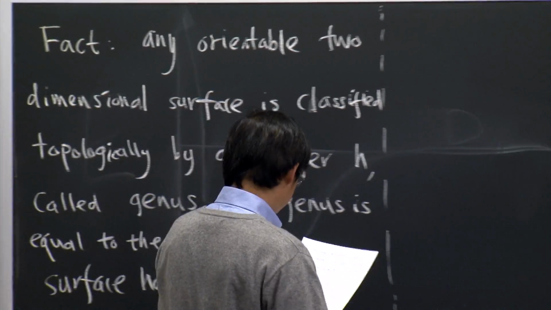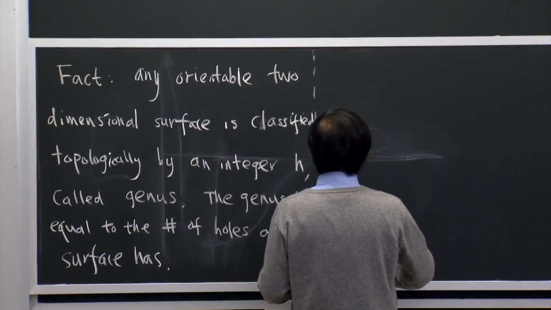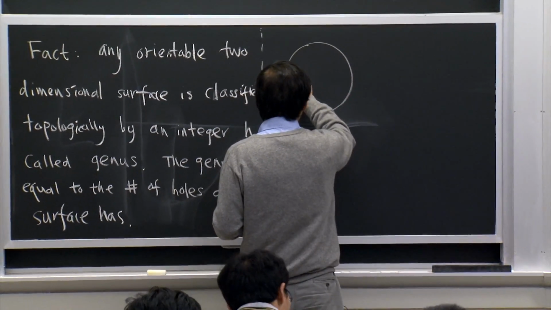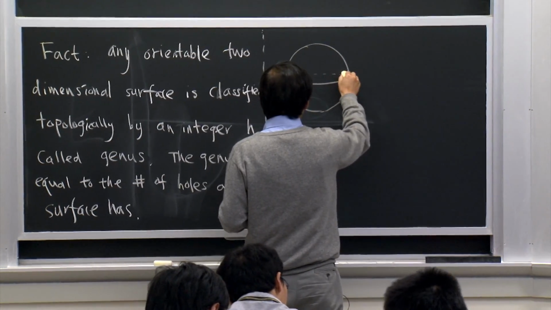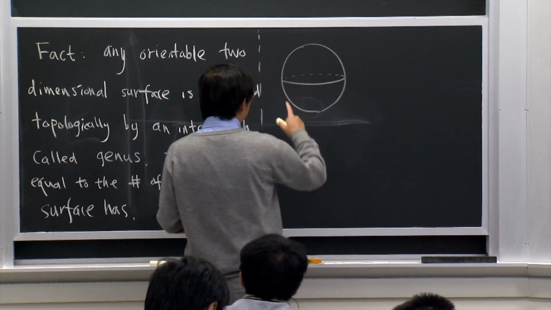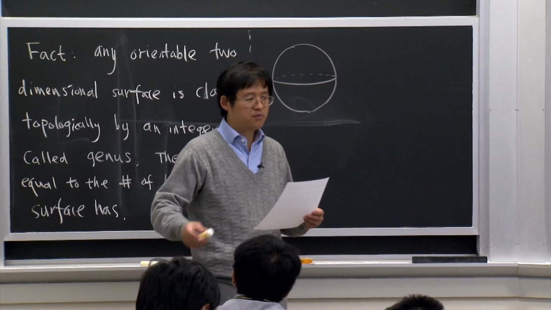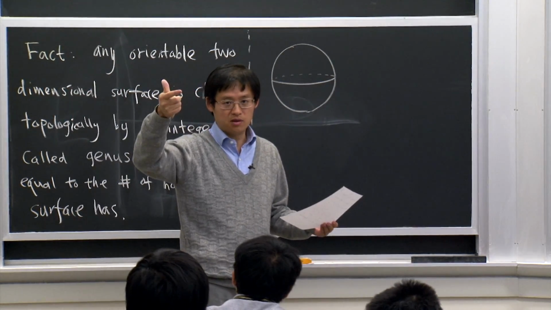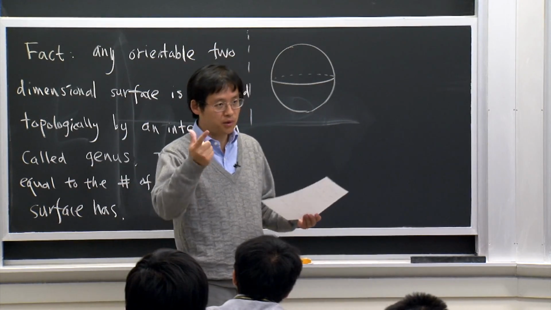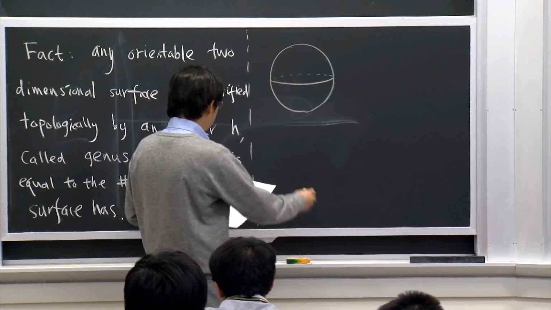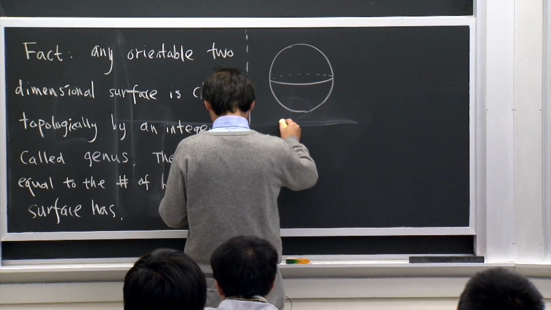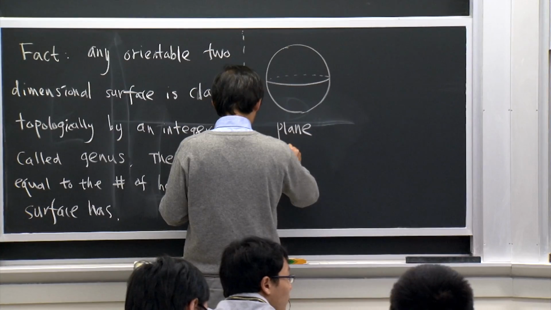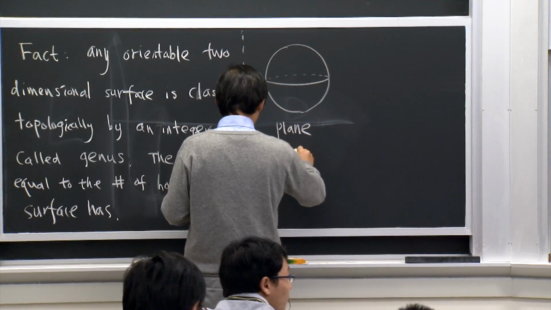So for example, if you have a plane, the plane topologically is actually equivalent to a sphere. So when I draw a sphere, that means a plane, because if you identify the point on the plane at infinity, then that becomes a sphere. So topologically, a plane is no different from a sphere. So this is genus 0. This is the plane, so h equal to 0.